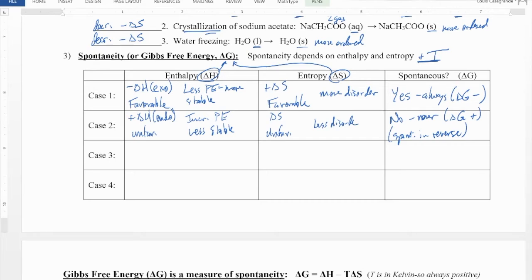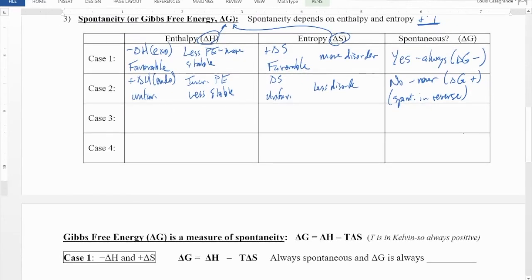So now we've got our 2 cases where the spontaneity ends up being dependent on the temperature. In case number 3, let's make the delta H, exo not endo, be negative and make that favorable. And so we have that increase in potential energy.